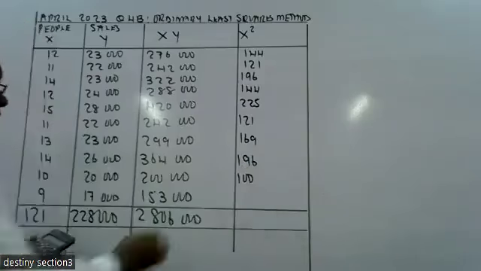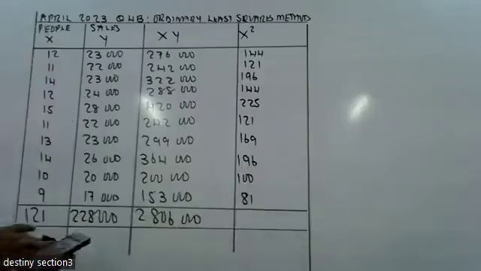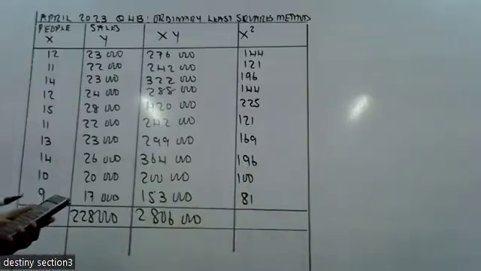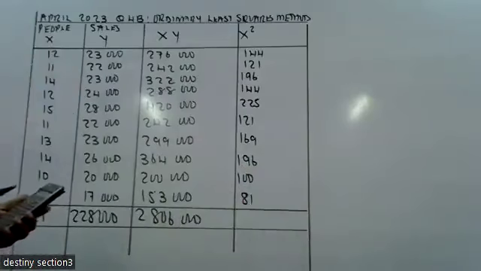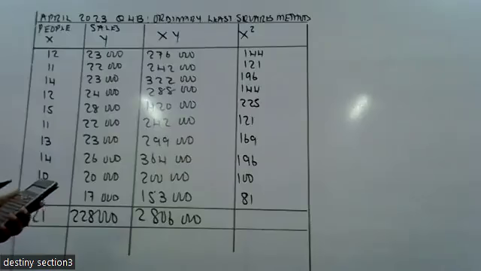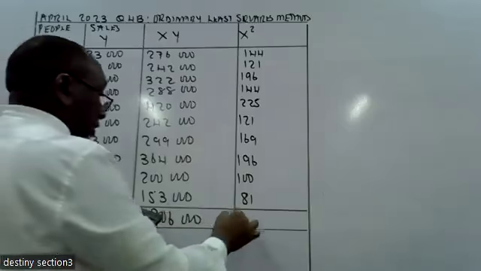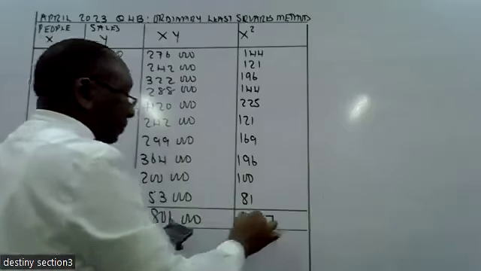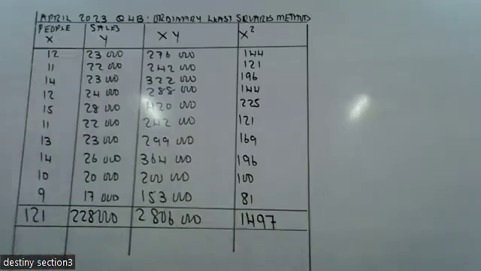This is 100. This is 81. So if I say plus 81 plus 100 plus 196 plus 121 plus 225 plus 144 plus 196 plus 121 plus 144. I'm getting 1497. Is it? 1497.